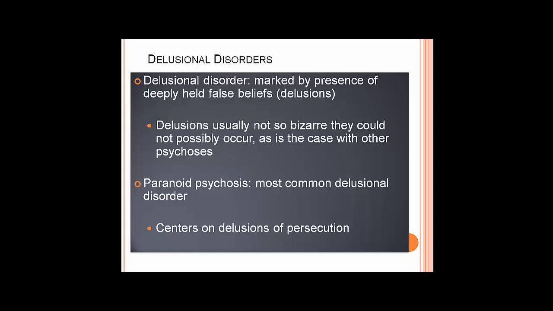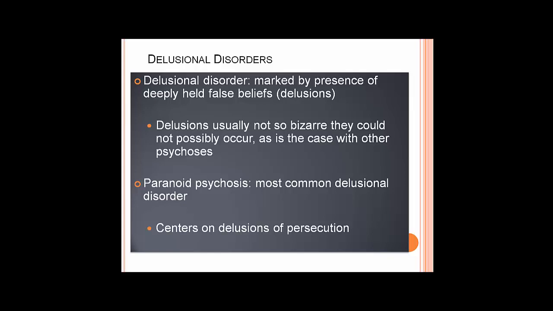Delusions usually are not as bizarre as they could possibly be in the case of other psychoses. These delusional disorders are within a cognitive domain, so it's often not to a point where the individual can't function in society.